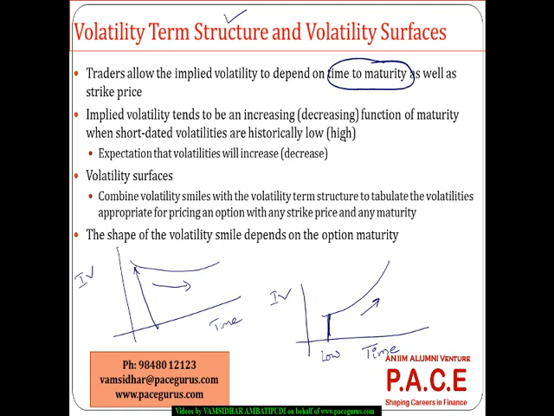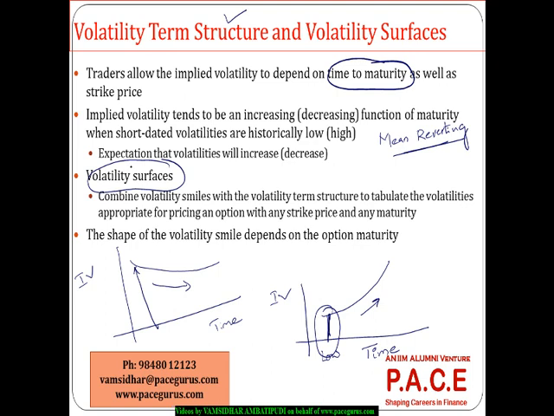So it's a kind of mean reverting behavior that we understand with respect to this implied volatility. If it is already low now, people expect that it is going to go high in the future. If it's already high, people expect that it is going to go low in future. So in general, the shape of the volatility term structure we expect in this kind of a manner.